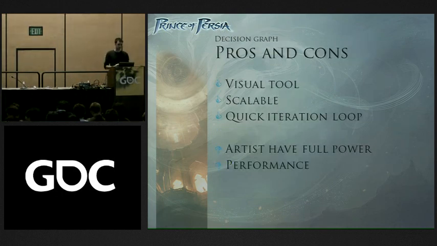So the pros are, it's a visual tool. It's something the artist can understand the first time they see it. You don't have to handle priorities or deal with any kind of problems like that. So it's very useful. It's also very scalable, because for the example of the fight, for most of the production we said we don't want specific moves for specific camera shots.